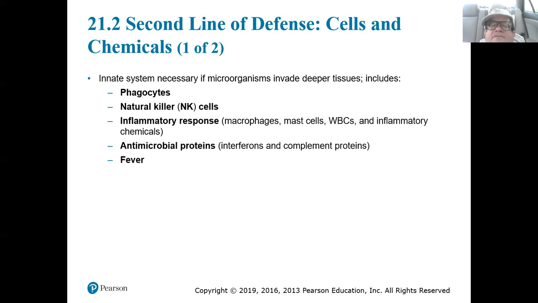Complement proteins are my favorite. I love them because it's such a cool idea. It's almost like something straight out of sci-fi. Say there's a bacteria that needs to be attacked. You're going to have a bunch of little rod-shaped or C-shaped proteins that will go and embed themselves into the membrane of the bacteria, right into it. They stick through the membrane.